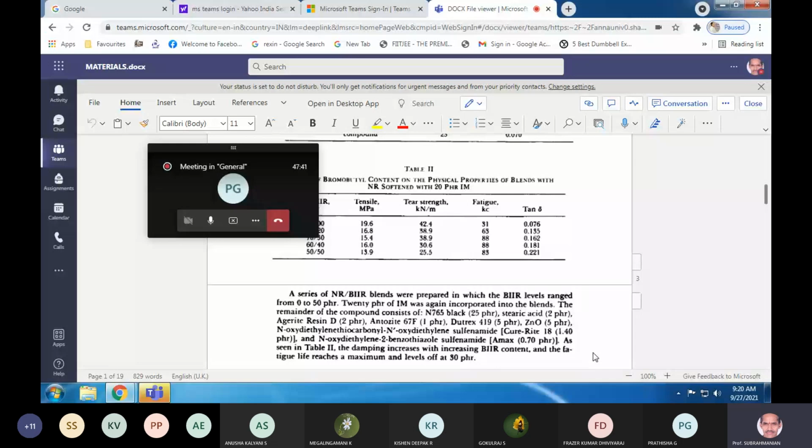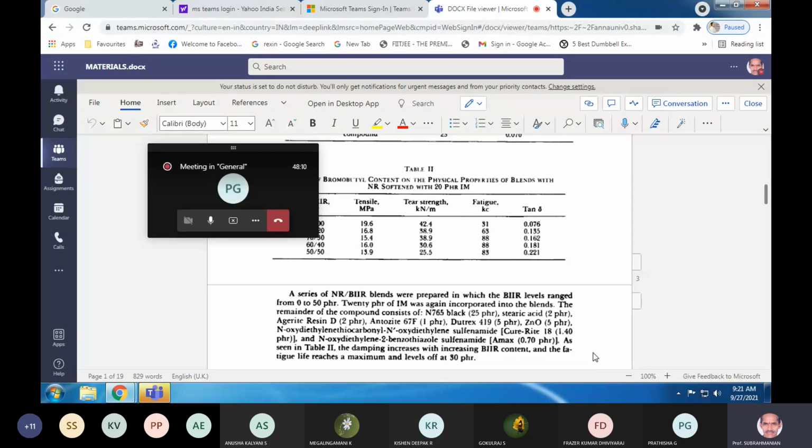Zinc oxide. You have a sulfonamide accelerator, 1.4 phr. And you also have the morpholine derivative of the sulfonamide, N-oxydiethylene benzothiazole sulfonamide, 0.7. So you have a combination of accelerators, right?